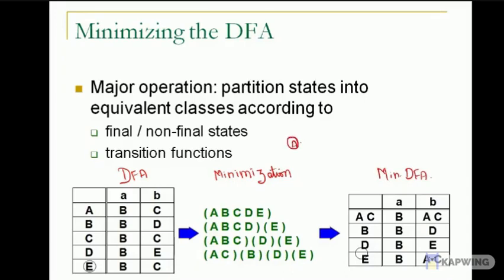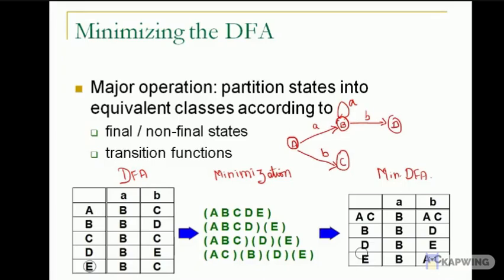A on input symbol a goes to state B, right? On input symbol b, it goes to C. B on input symbol a goes to B, so self loop. B on input symbol b goes to state D, right?